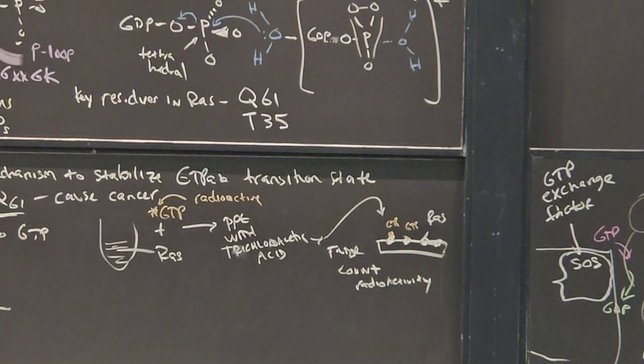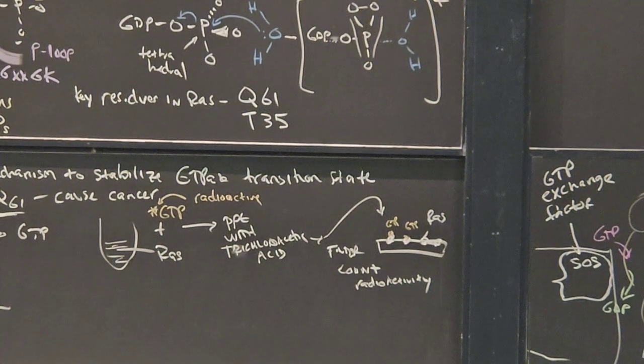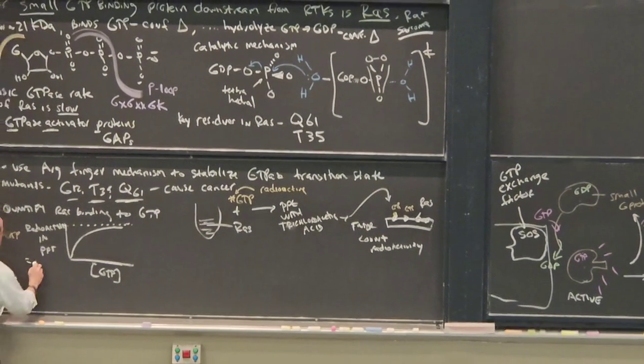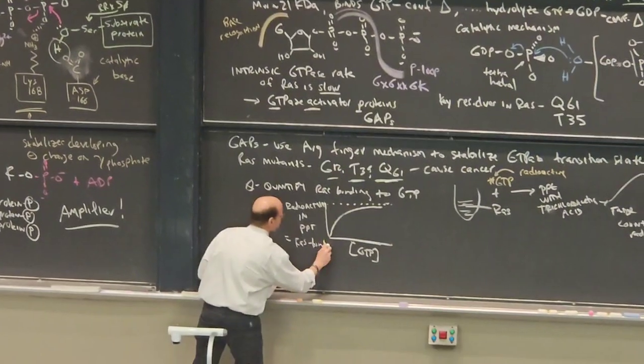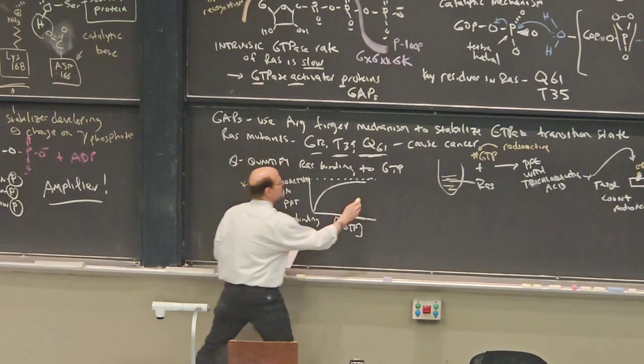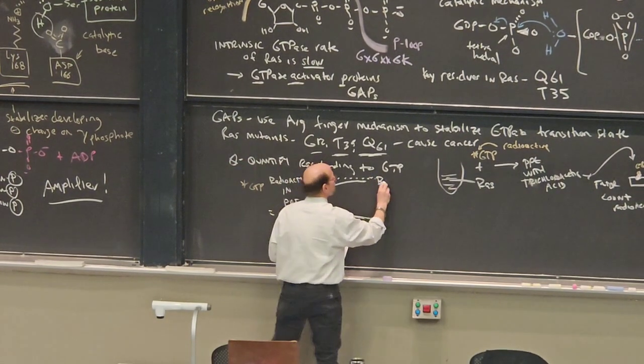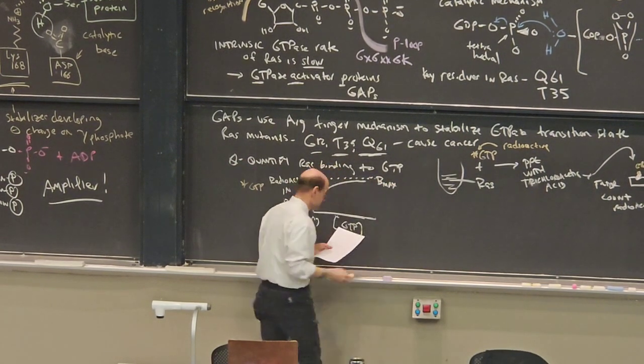And when I do the experiment, what I find is I get a curve that looks like this. Radioactivity in the precipitate equals RAS binding. And I find some maximal amount of binding. We'll call that Bmax.